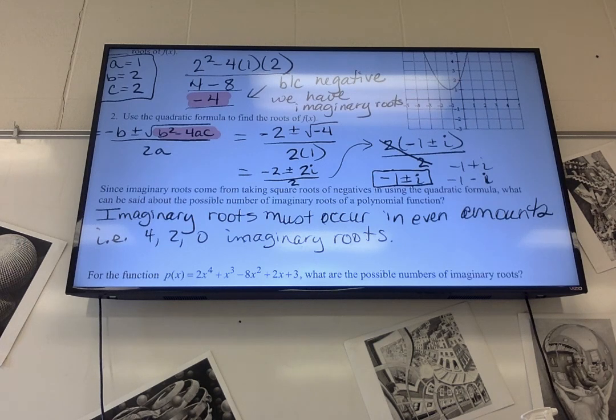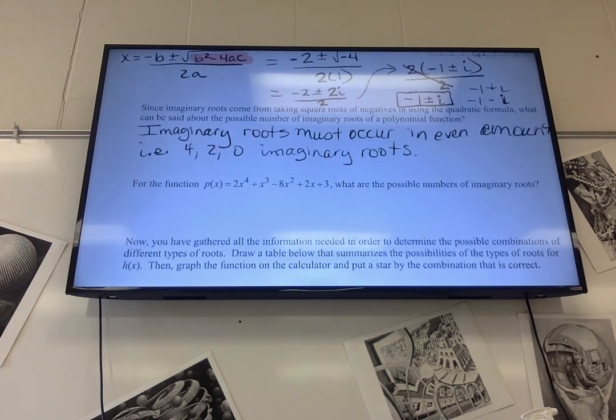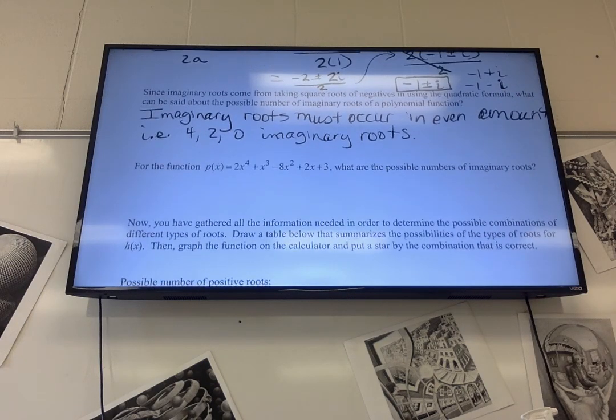Okay, so for the function, what are the possible numbers of imaginary roots? Well, since the degree is 4, we could possibly have 4 imaginary roots, or 2, or 0.